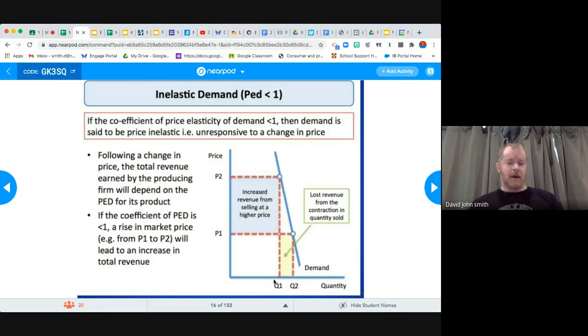Then you need to add in the extra economic theory of equity, the fairness side of this. Consider who is buying the necessities. Consider who is buying the bread and the rice. Is it the incredibly wealthy people? Not typically. It's the people who don't have a lot of income to start with.